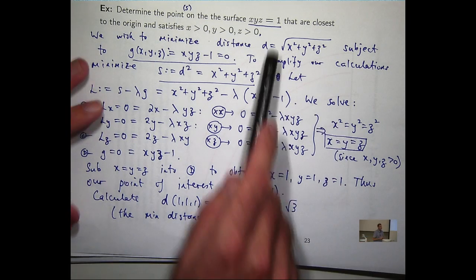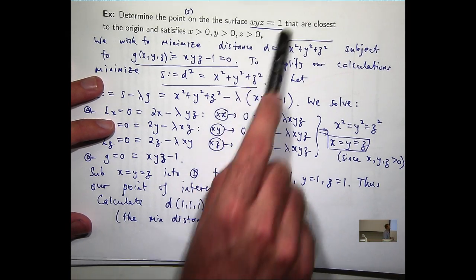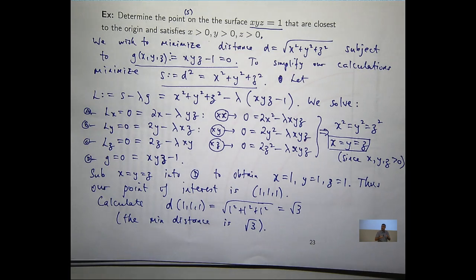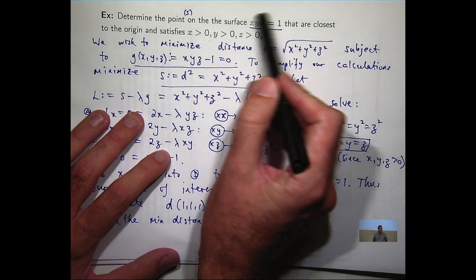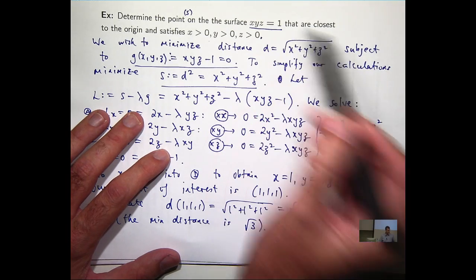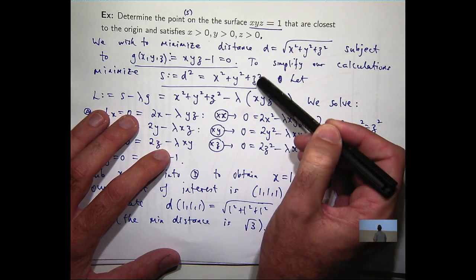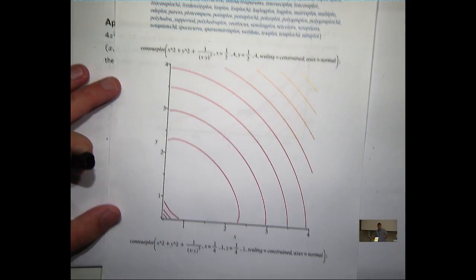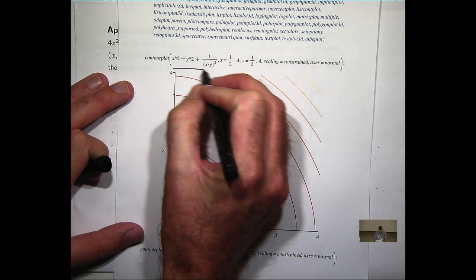Now let's see how from our constraint equation, sometimes we have a control on the inputs. So if we look at this, I can just rearrange this to say z equals 1 on xy and then plug it in there. I get a function of two variables, which I've put into Maple.